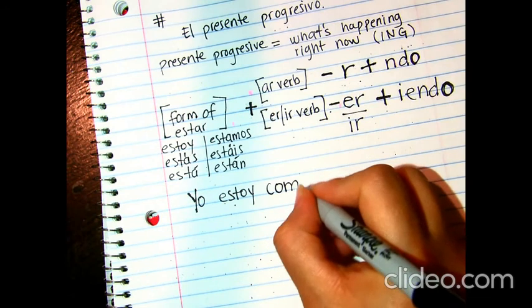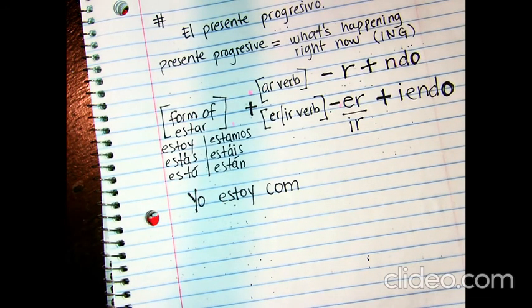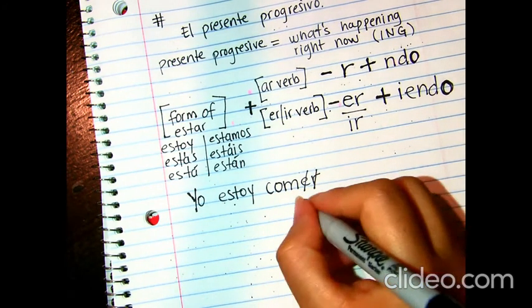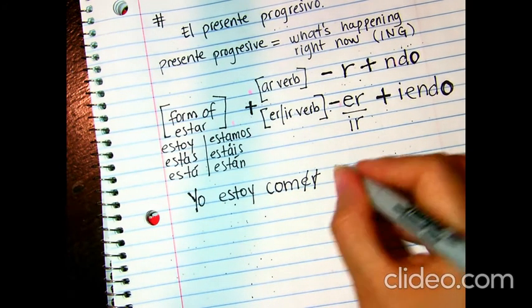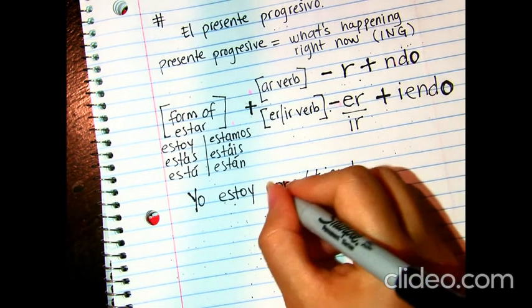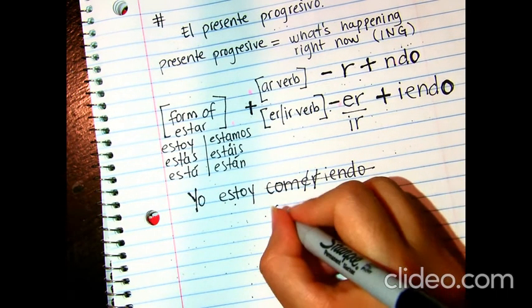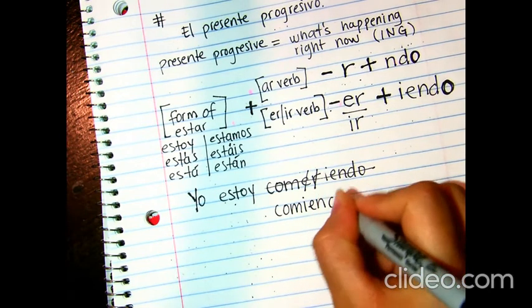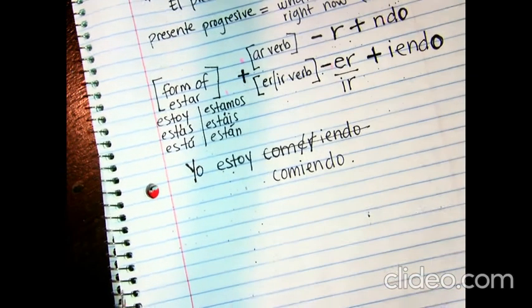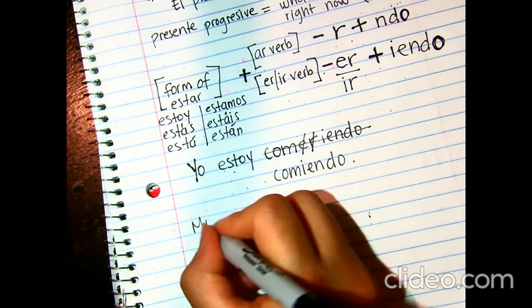So that's all I'm leaving, because I have ER, I'm dropping this, and I add yendo. So my word will be comiendo. Yo estoy comiendo.